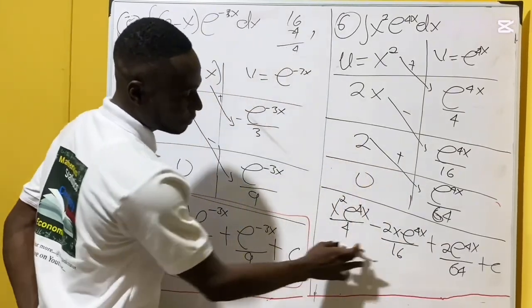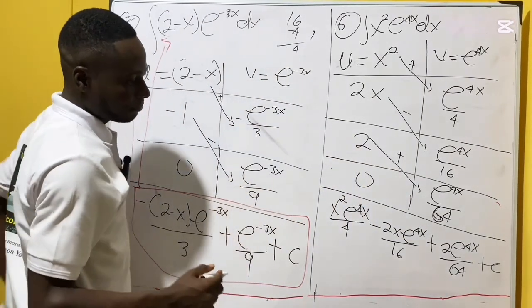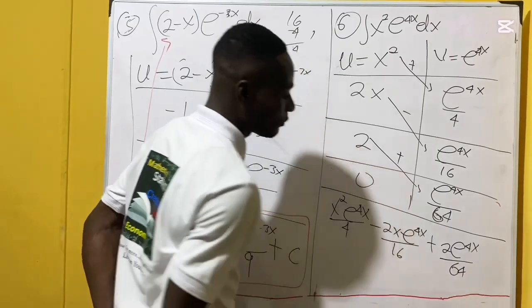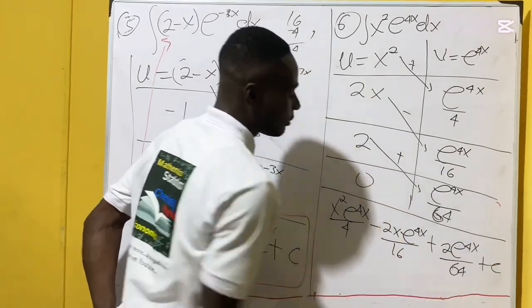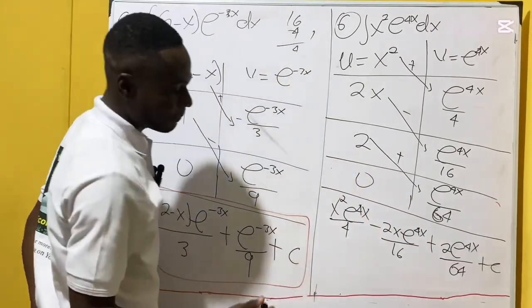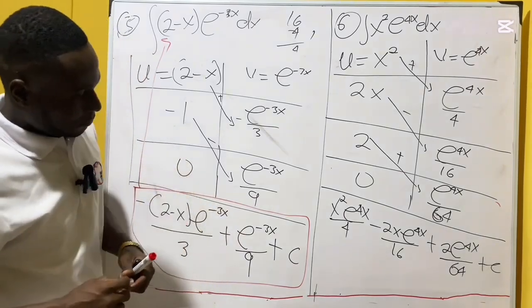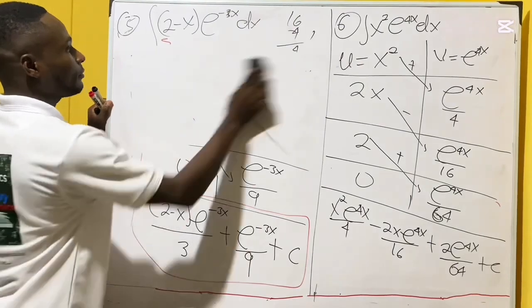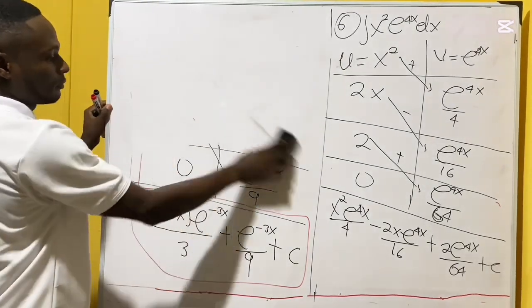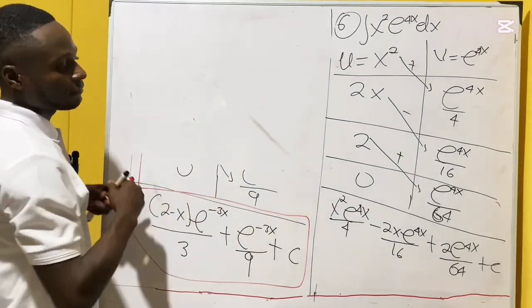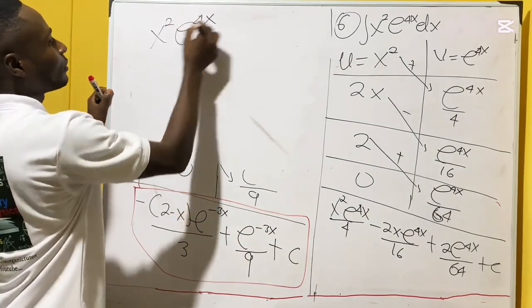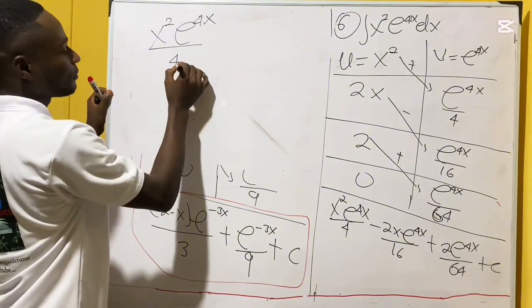But of course, we can simplify some of the letters, right? So when we do that, we're going to have x squared e power 4x on 4.